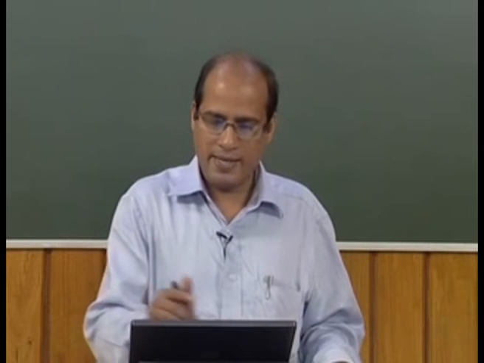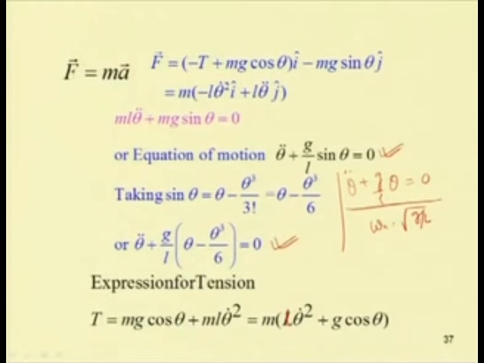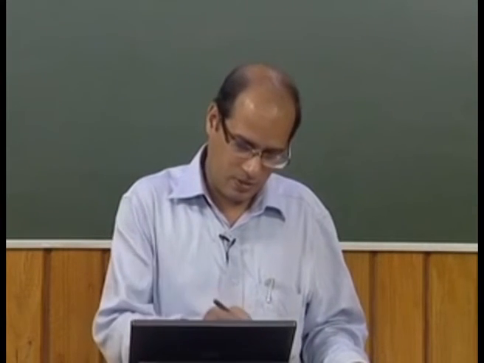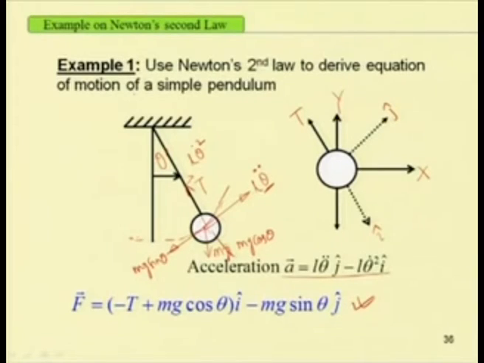While applying Newton's second law, one writes the acceleration, then the force term, and by equating force equal to mass into acceleration, one finds the equation of motion. This simple example illustrates how one can use Newton's second law to derive the equation of motion.